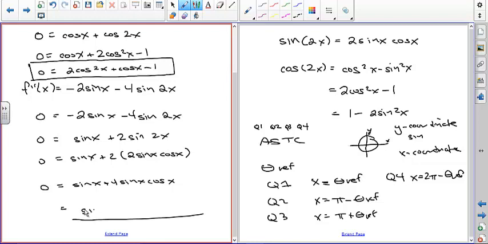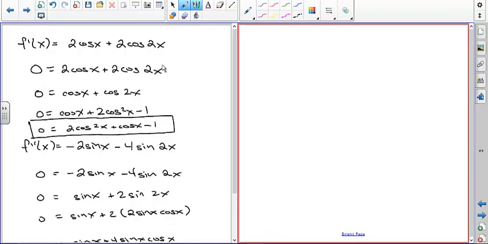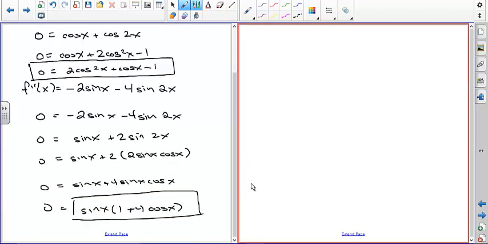So here you'll have sine x times 1 plus 4 cosine x. So those are the two things that need to be equal to 0. As a consequence, this one you've already factored. This one you have to factor. So what you're going to have is 2 factors that both involve the cosine.